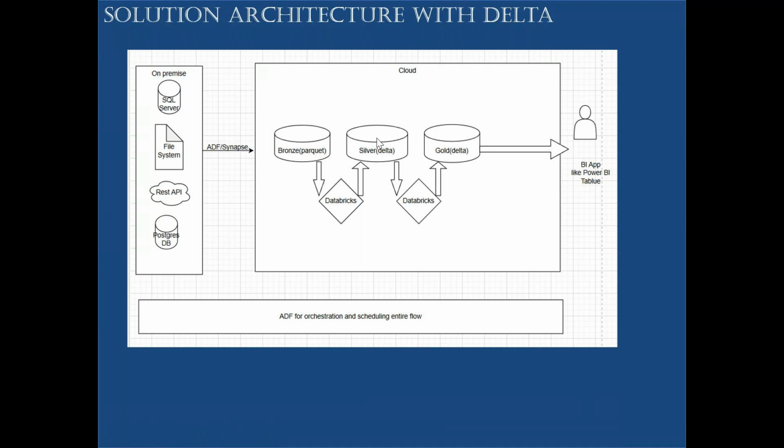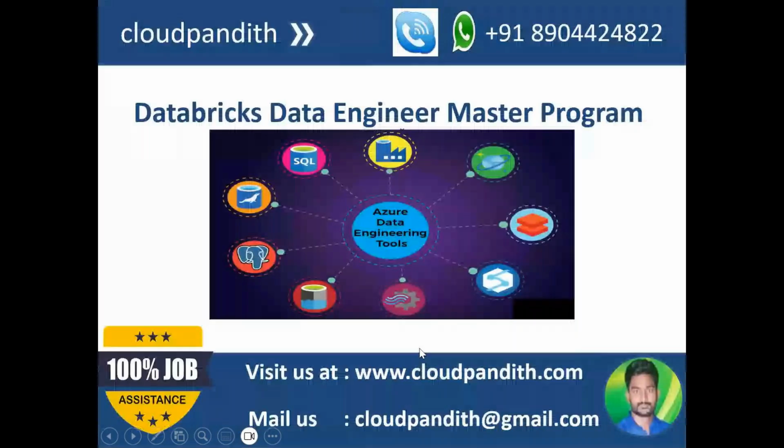From Silver, we read the data again and create aggregated results, the Gold layer, like dimensions and facts. The aggregated results we keep here are ready for creating reports and analysis. The data is consumed by BI apps like Power BI and Tableau for creating the reports. The entire orchestration we will do using ADF, team. Okay, that's all for the slides.